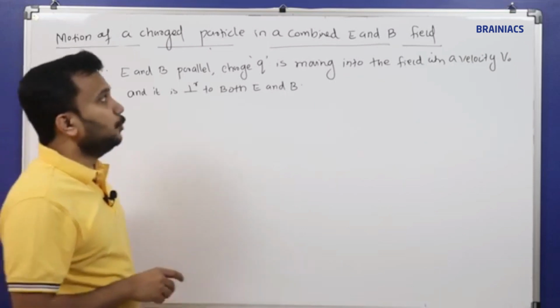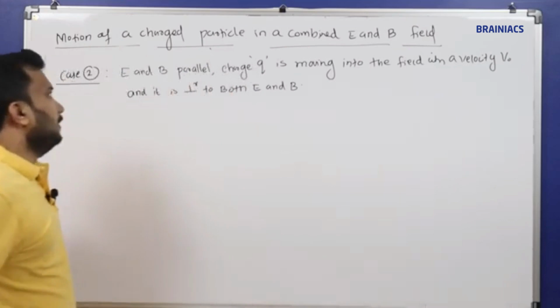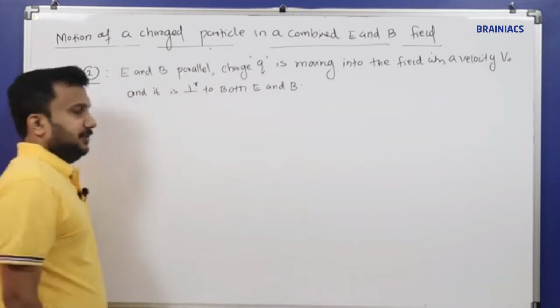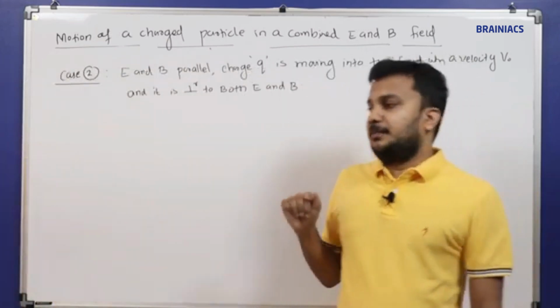Charge Q is moving into the field with a velocity v0, and it is perpendicular to both electric and magnetic field. It is perpendicular to both the electric field and the magnetic field.